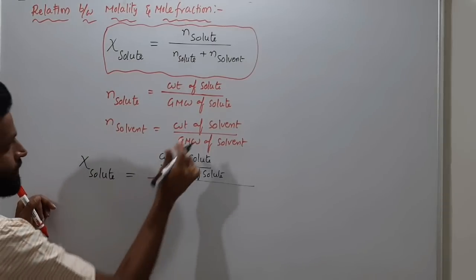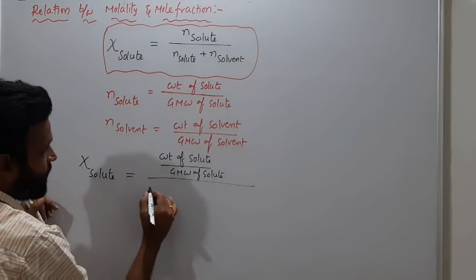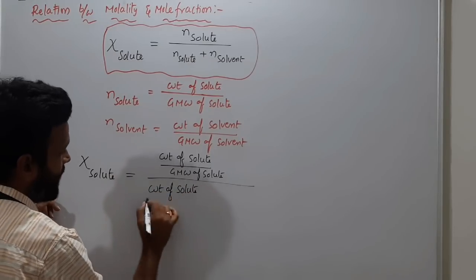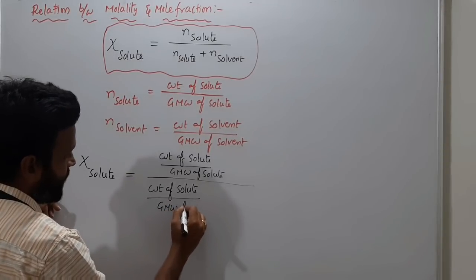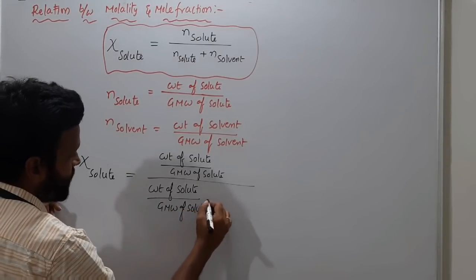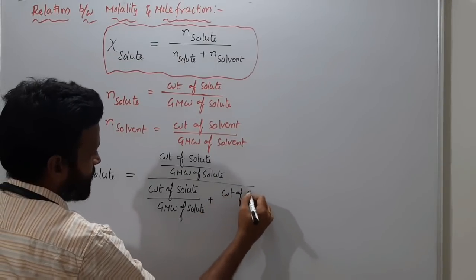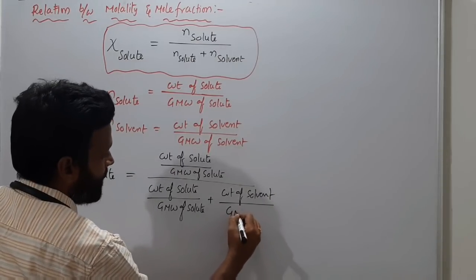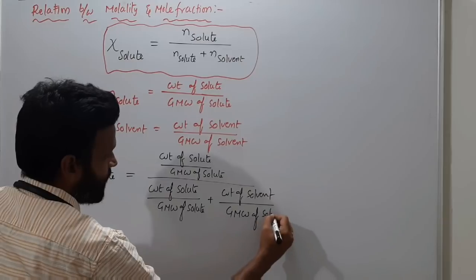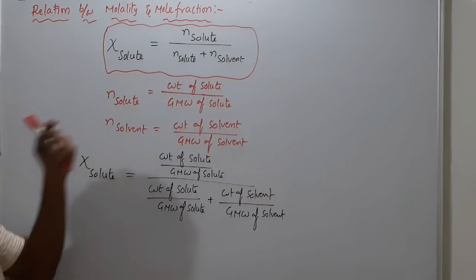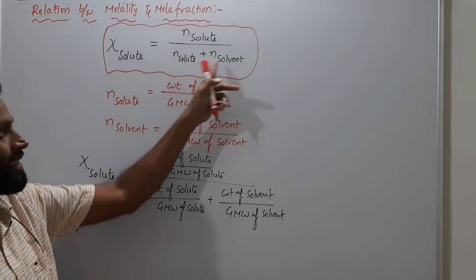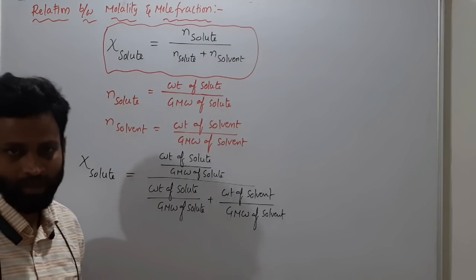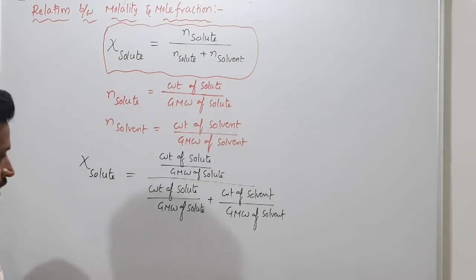In the denominator, instead of number of moles of solute, I will have weight of solute by gram molecular weight of solute plus weight of solvent by gram molecular weight of solvent. So what did you understand? Instead of number of moles of solute and solvent, I will substitute in terms of weight of solute by gram molecular weight of solute. Got it clearly?